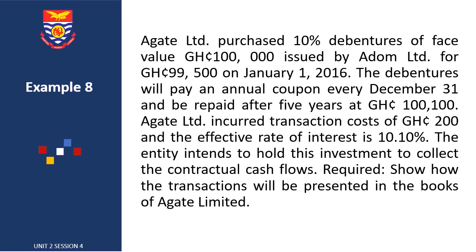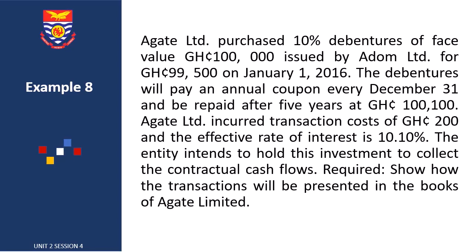Let's take an example and see how we will tackle a question using the amortized cost. They say Agate Limited purchased 10% debentures of face value of 100,000 Ghana cedis issued by Adum Limited for 99,500 cedis on 1st January 2016.